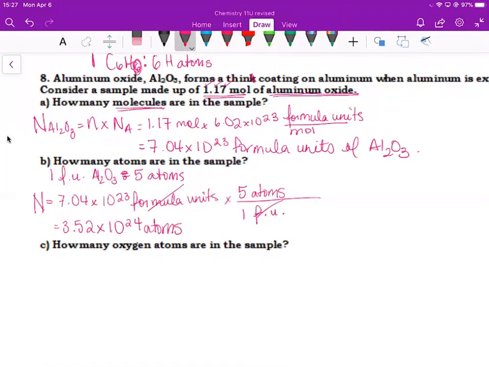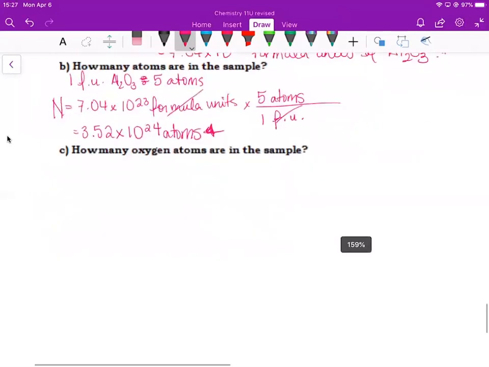Okay. So C is asking specifically for just oxygen atoms in the sample. So I could convert using this number, okay? Or I could convert using this number, and I can show you how to do both of them. So say if I start with the first one, I want just the number of oxygen atoms.